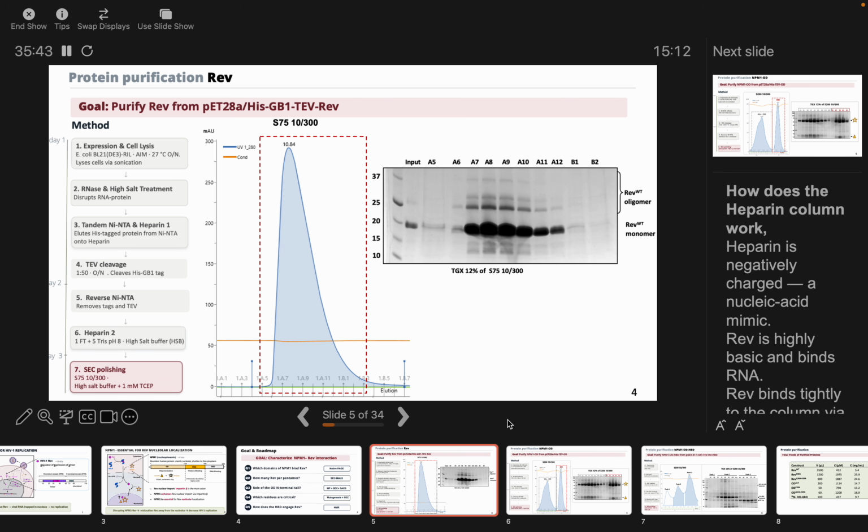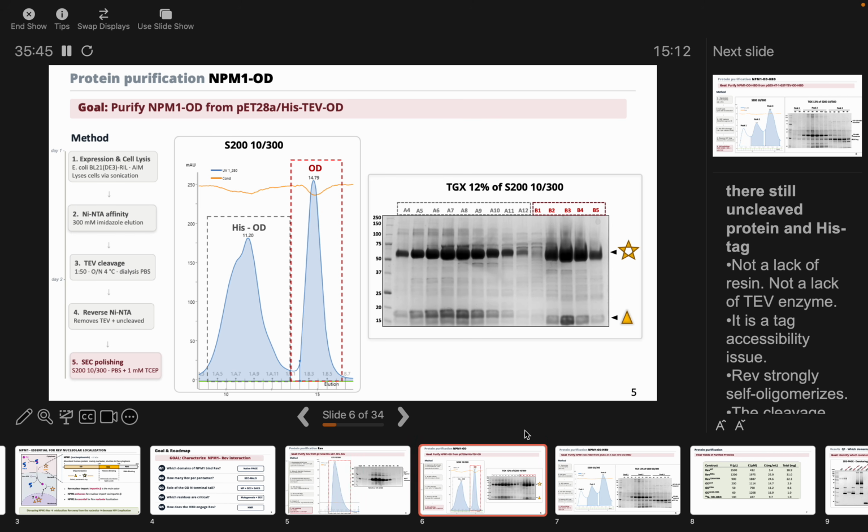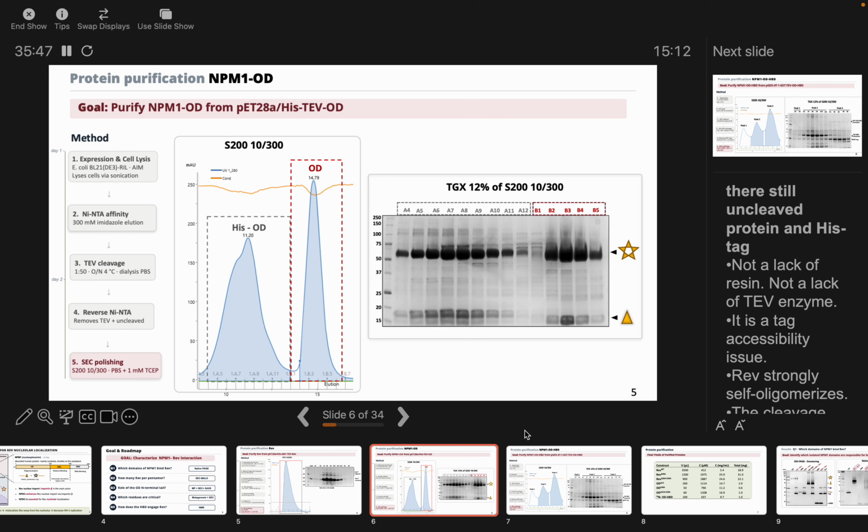On slide 5, can you explain why you have 2 peaks in SEC, whereas you have a reverse Ni-NTA step?